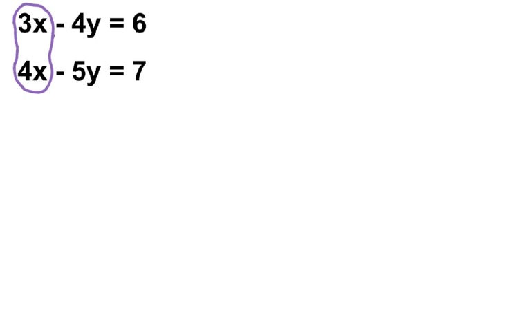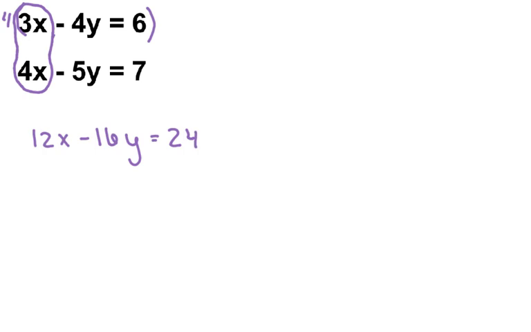So I'm going to multiply the first equation by a negative 4. Or a positive 4. It doesn't matter. So if we chose a positive 4, we're going to get 12x minus 16y equals 24.